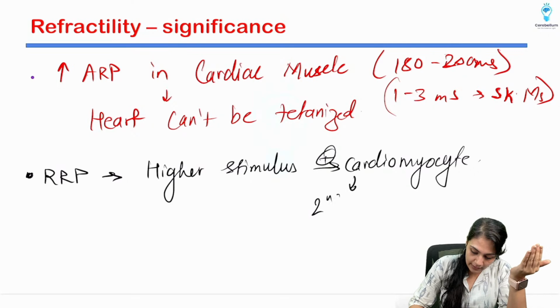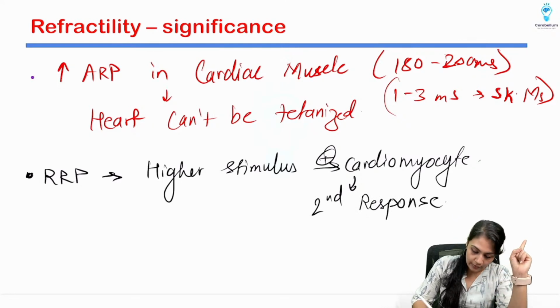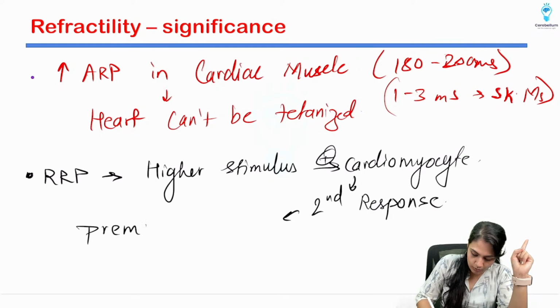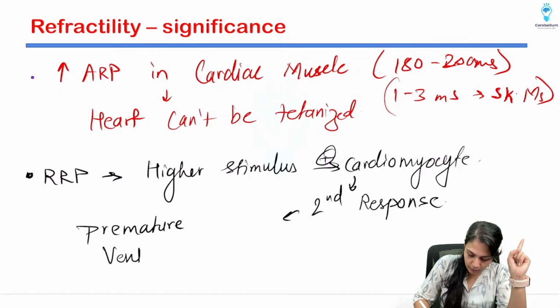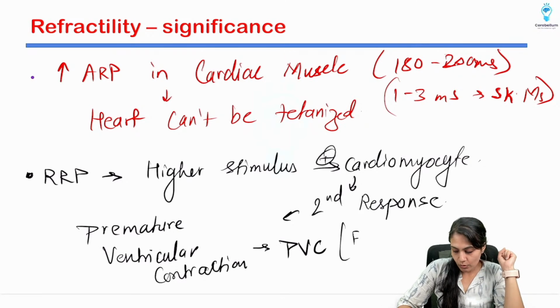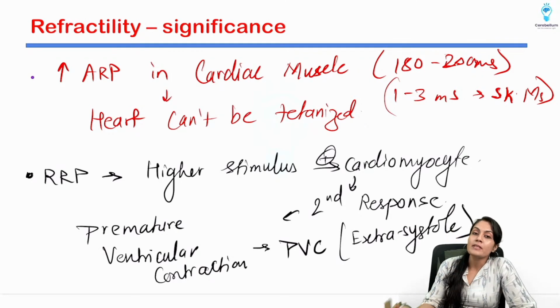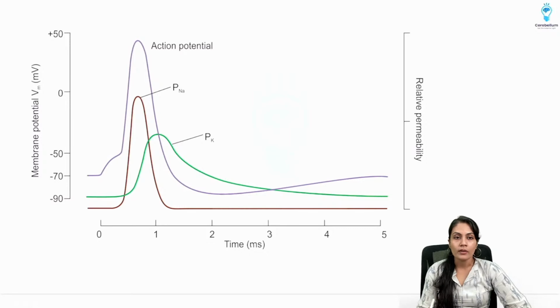You can get a second response abnormally, a premature response, right? And if you are getting premature contraction, this will be called premature ventricular contraction, which is known as PVC, or it is also known as extrasystole. Please remember, extrasystole and compensatory pause occur because of the RRP if you give any extra stimulus there.